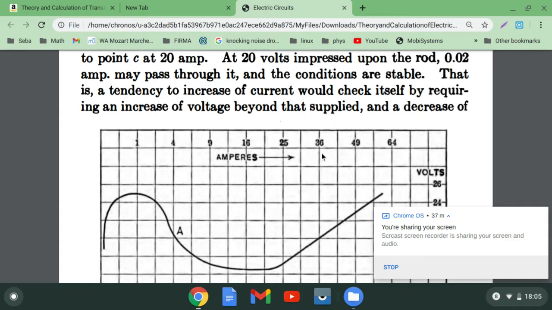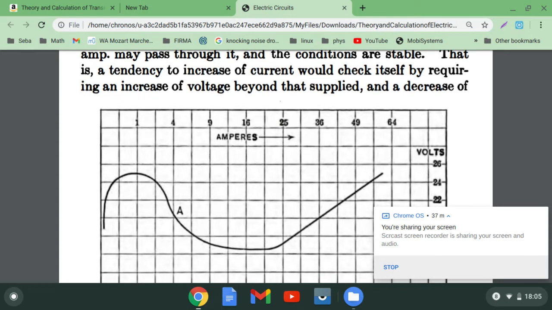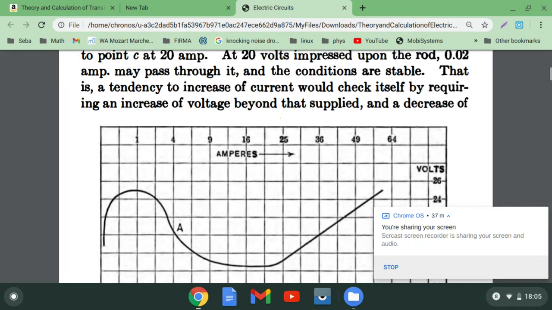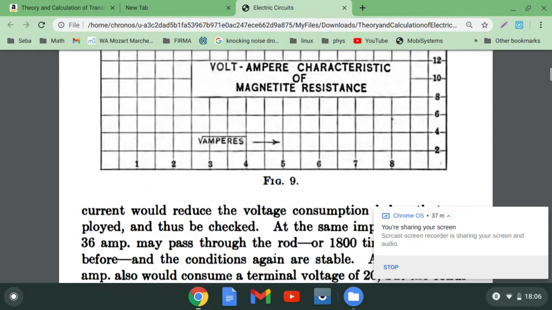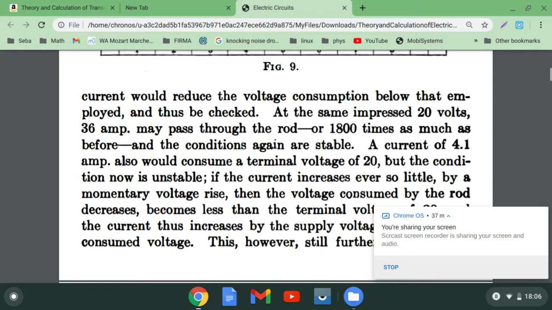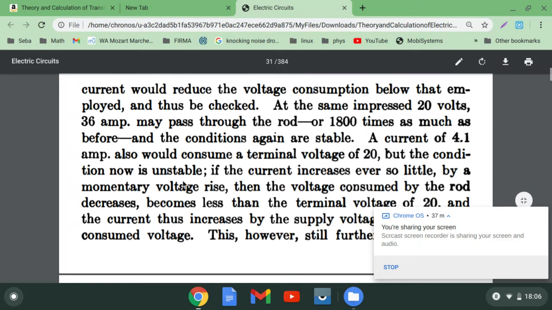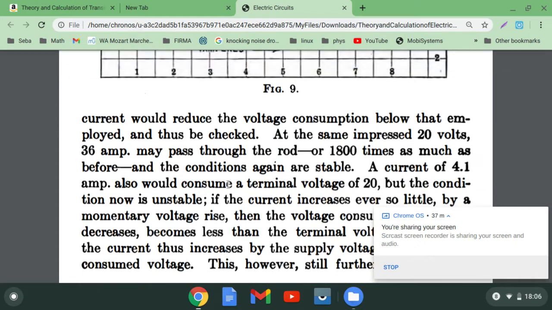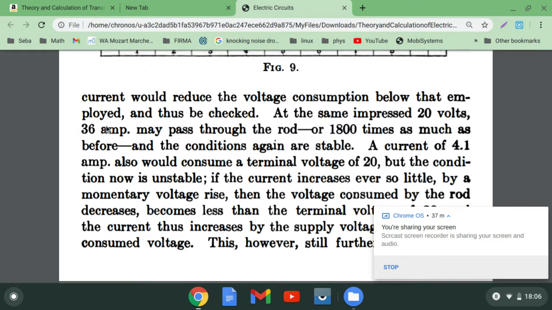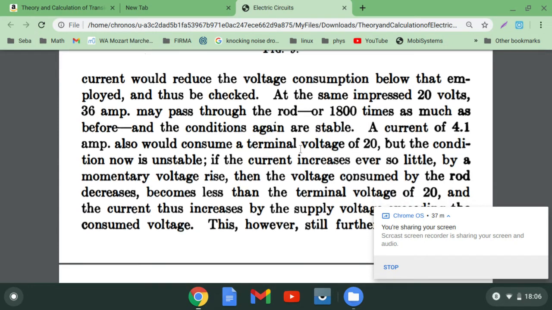That is, a tendency to increase of current would check itself by requiring an increase of voltage beyond that supplied, and decrease of current would reduce the voltage consumption below that employed, and thus be checked. At the same impressed 20 volts, 36 amps may pass through the rod, or 1,800 times as much as before, and the conditions again are stable.